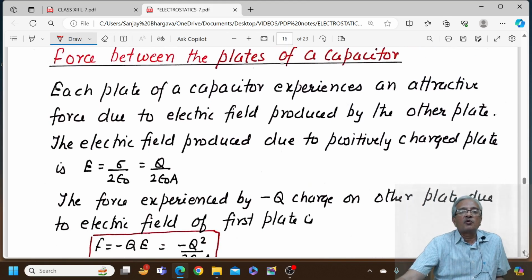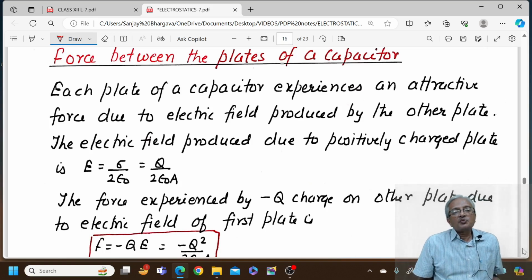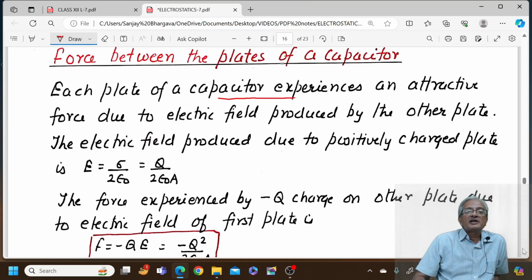Now let us calculate what is the force between the plates of a capacitor. There are two plates, one carries positive charge and another carries negative charge, so they must experience an attractive force. Each plate of the capacitor experiences an attractive force due to electric field produced by the other plate.